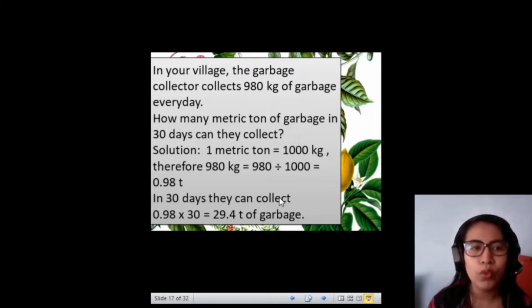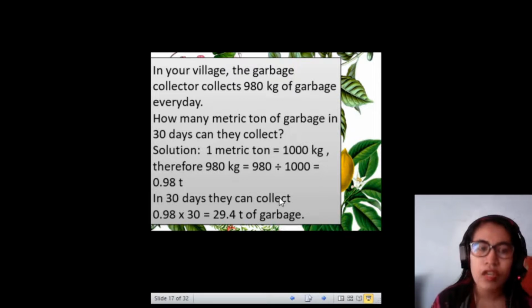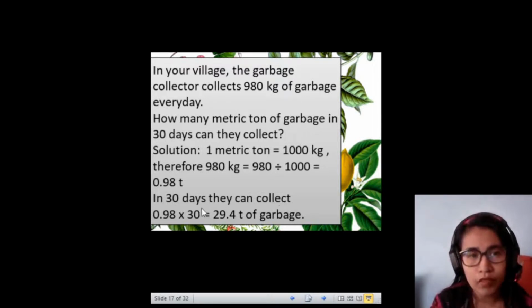So you will have 0.98 tons. Meaning to say, every day they are collecting 0.98 tons. But the question is, for 30 days, how many metric tons did they collect? So you have 0.98 times 30. Therefore, your answer will be 29.4 tons of garbage. That's the number of tons they collect within 30 days.